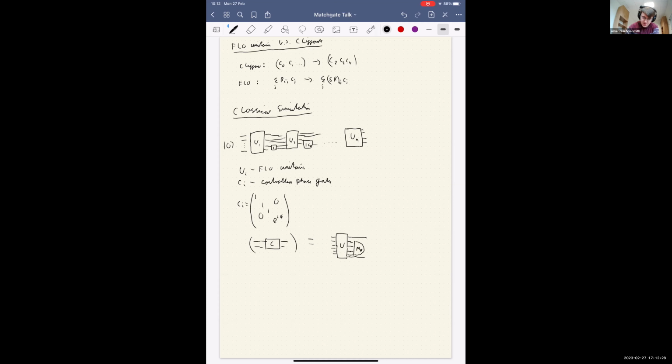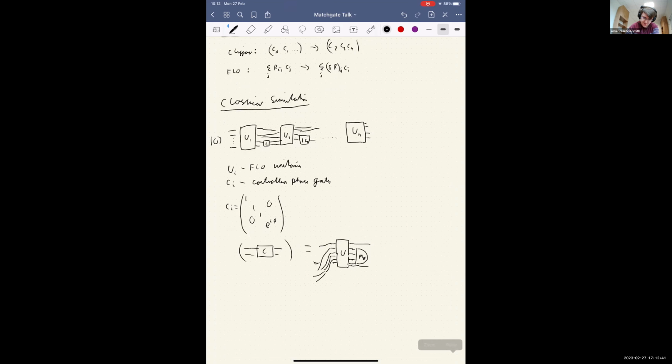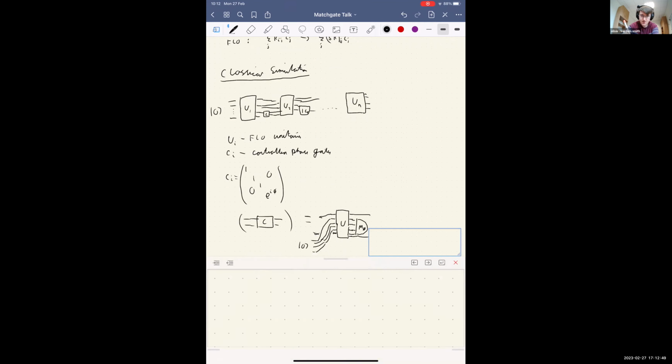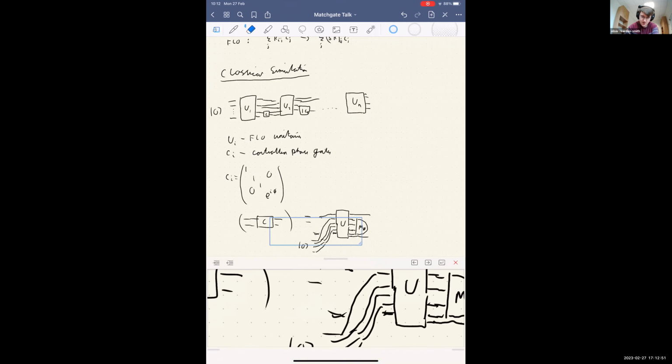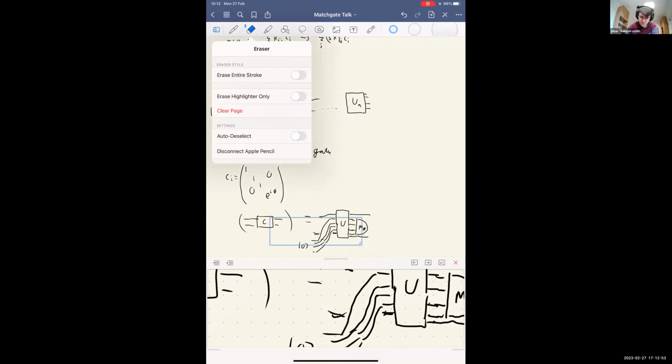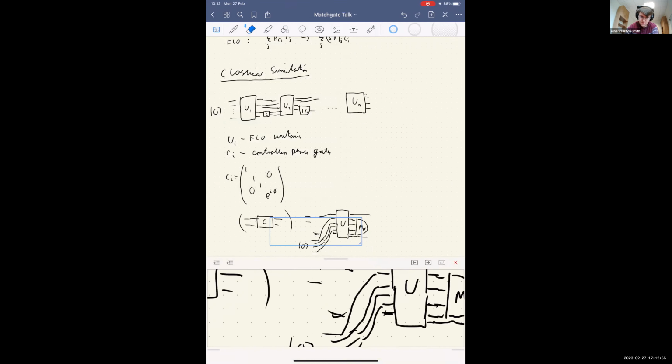I should say explicitly that what comes in here is the initial vacuum, |0⟩ state, and then the top and bottom wires are whatever state you have coming in.